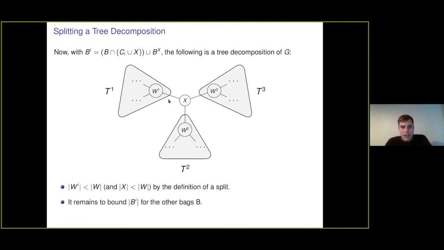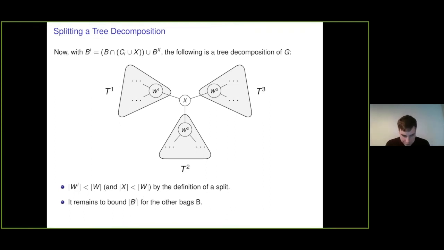So the root bags W1, W2, W3 are connected to the separator bag X. And directly from the definition of split, like we already discussed, all of these bags shown here, W1, W2, W3, X, have size smaller than the original bag W that we are splitting. So it seems we are improving the tree decomposition, at least locally around this root.